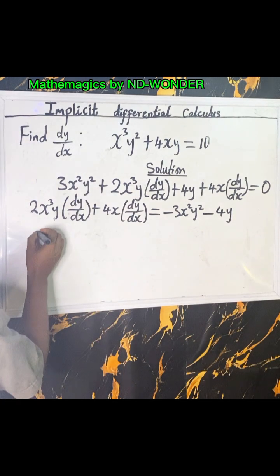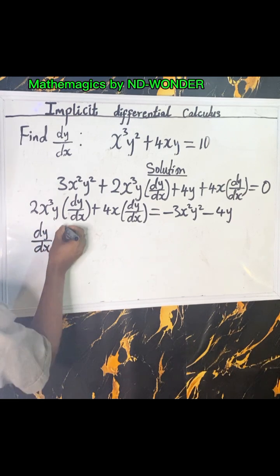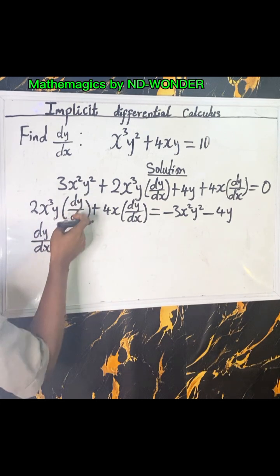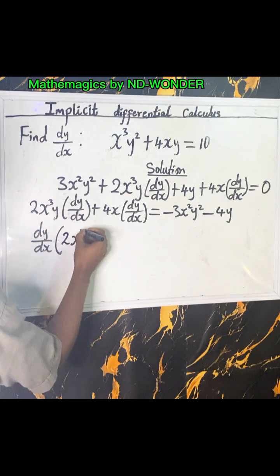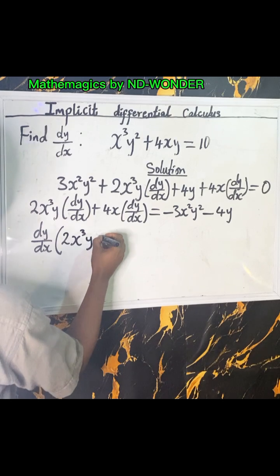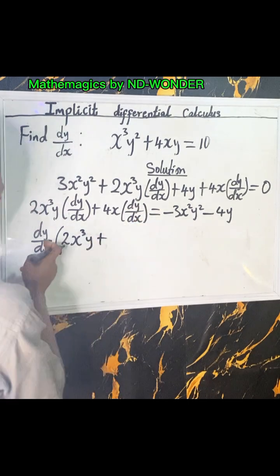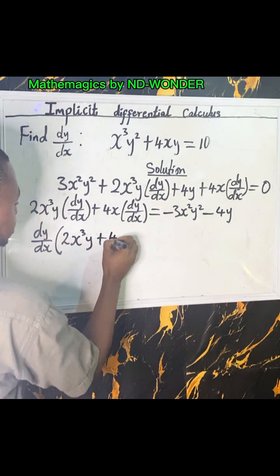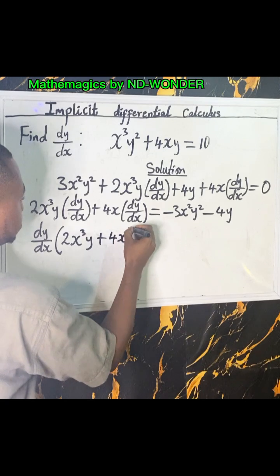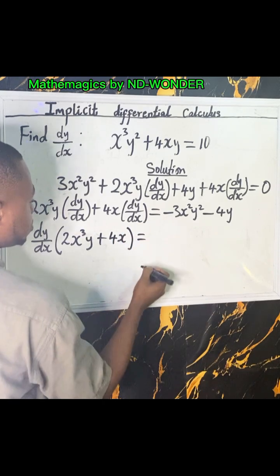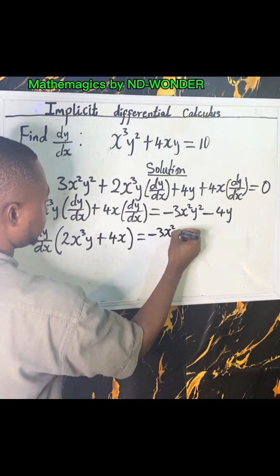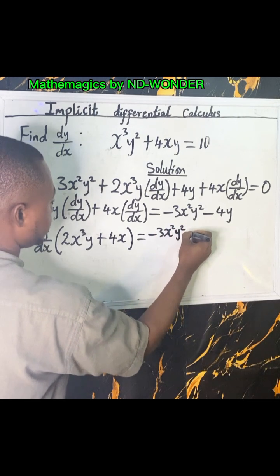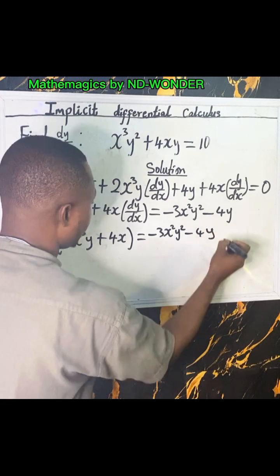So we have dy over dx times 2x cubed y plus 4x, then equal to minus 3x squared y squared minus 4y.